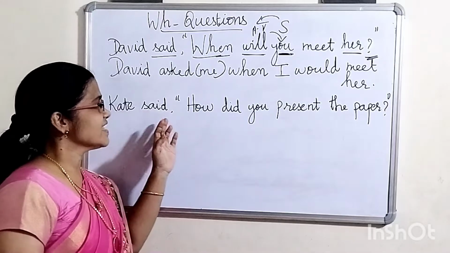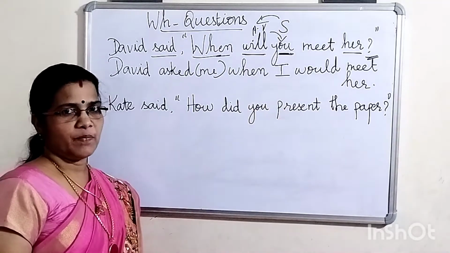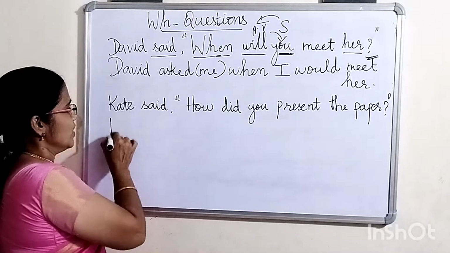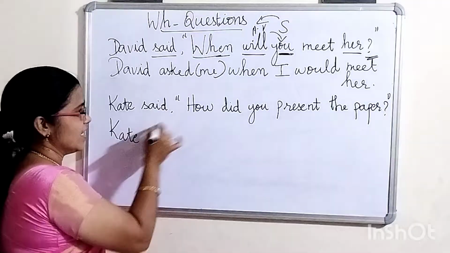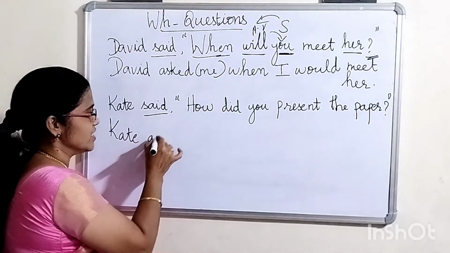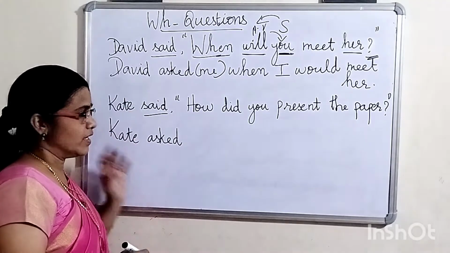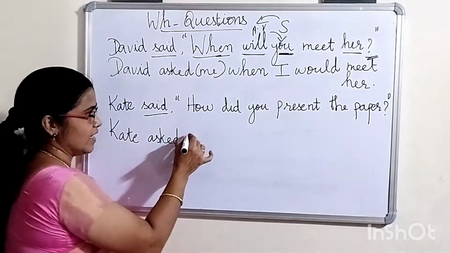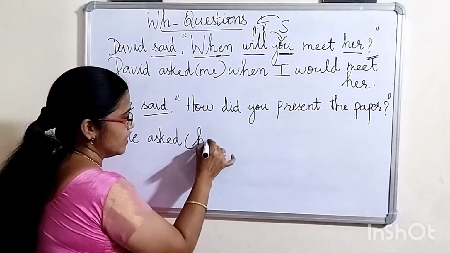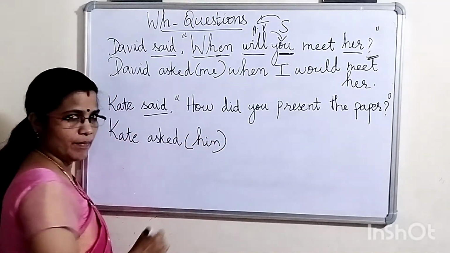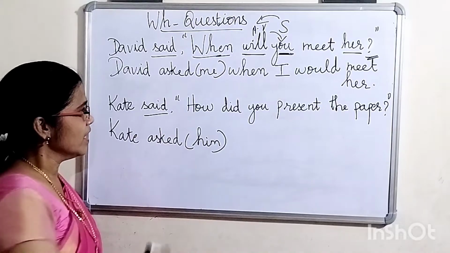Okay. Right. Kate said, how did you present the paper? Okay. Right. So here Kate, again it's a question. So I'm changing the reporting verb here. Kate asked again. For example, now I'm going to change this into him. Okay. Kate asked him again.